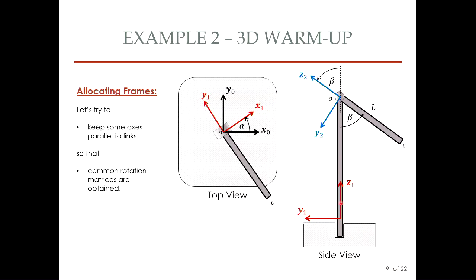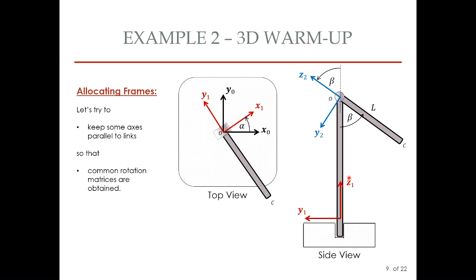Maybe think about that for a second. Here, where is X1? Pointing in, right? And X2 also pointing in, right? And for the beta, if you follow with your fingers around with the beta, your thumb is pointing out, so in the opposite direction of the x's, right? So what type of rotation matrix will you get?